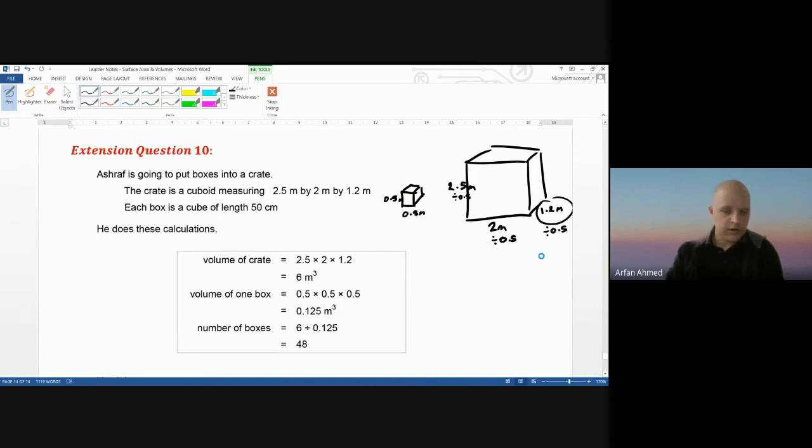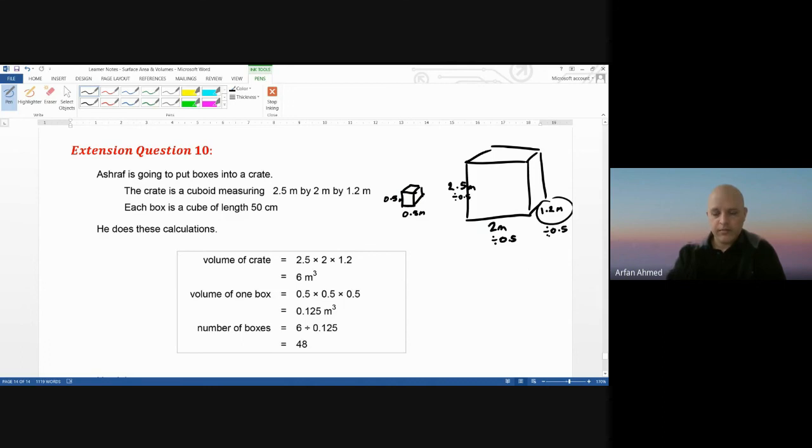But you can't divide 1.2 by 0.5 exactly. You're going to get a decimal, which means it's not going to fit exactly in this box. How many 0.5s go into 1.2?